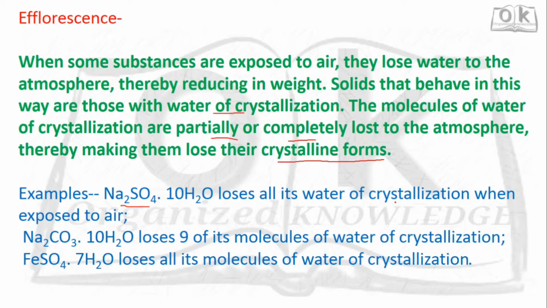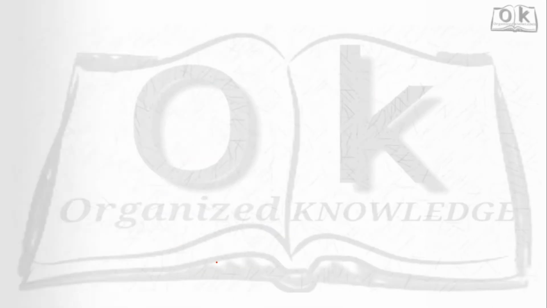Sodium carbonate decahydrate, it will lose 9 molecules of its water of crystallization in the atmosphere. And this phenomenon of losing water into the atmosphere is known as efflorescence. Again, ferrous sulfate heptahydrate contains 7 molecules of water of crystallization, and so it will lose all its molecules in the atmosphere. Next property is hygroscopy.